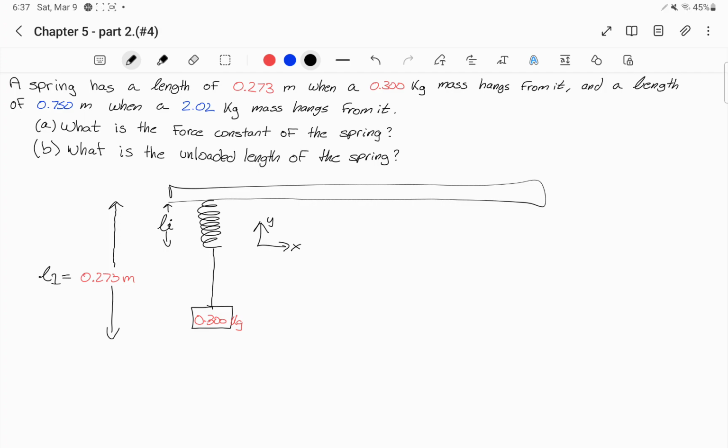And like we said, that would cause it to have a total length of L1. So we would have L1 minus L initial, which would be this distance minus this distance would give us this distance right here, which is the magnitude of the stretch of the spring after the mass was let go.